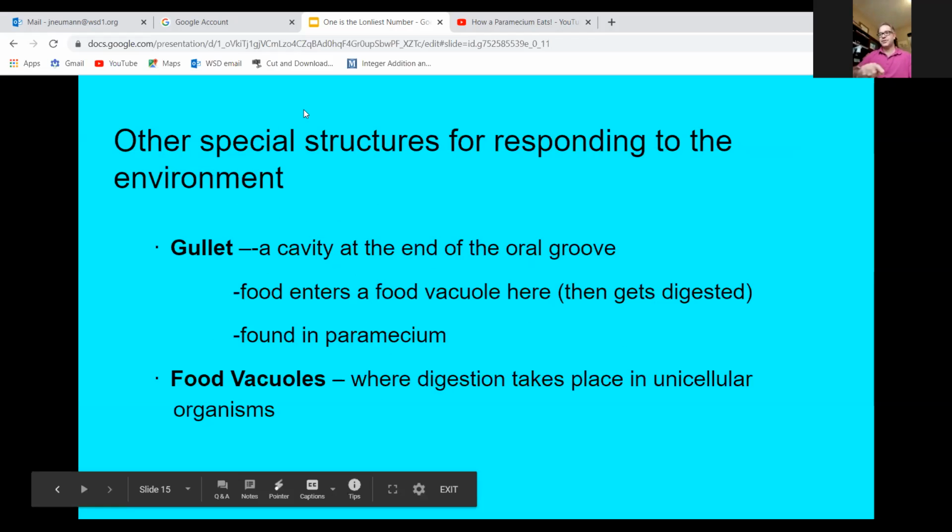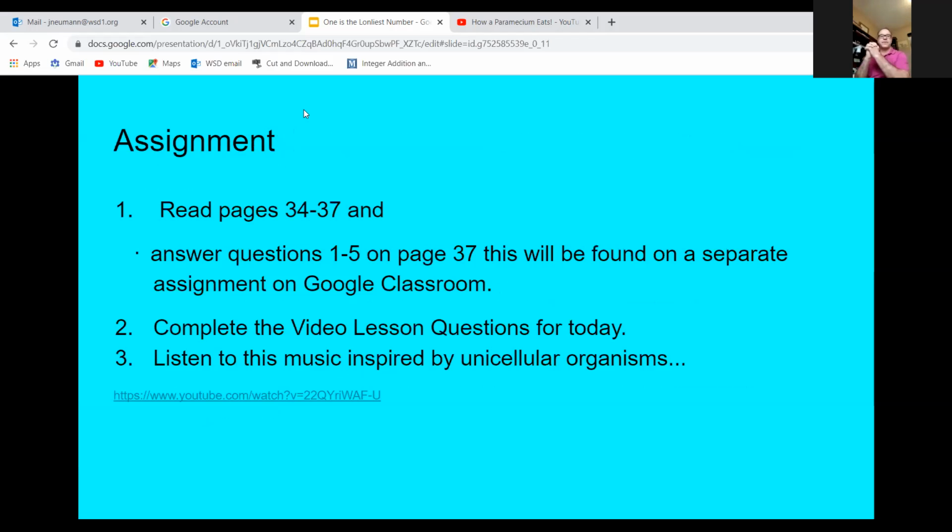Now, on to the assignment. There's a single page assignment worth 40 marks that's on your Google Classroom right now. That's the one I want you to do today. The other assignment that can help you is the one that I'm going to post in about a day or two, and it's from the textbook that we use, pages 34 and 37, Understanding Concepts.